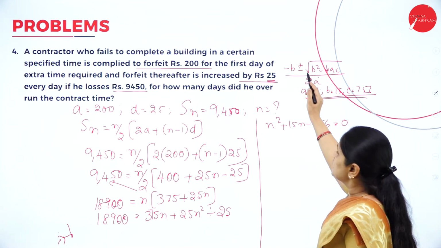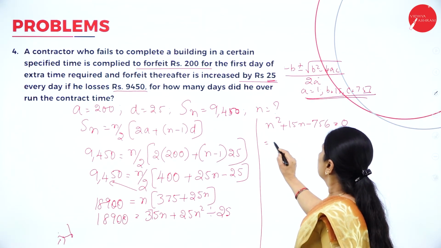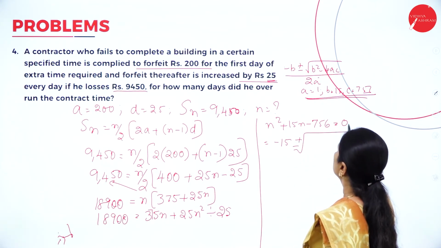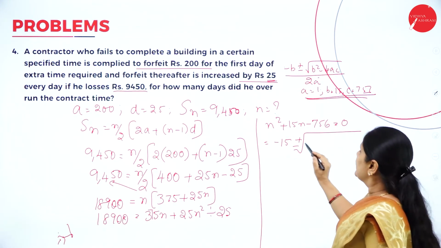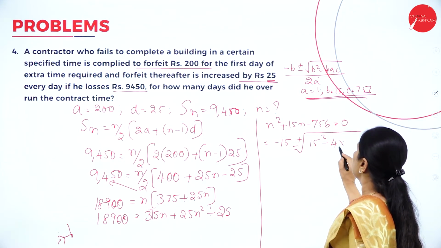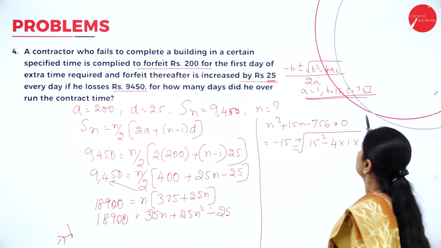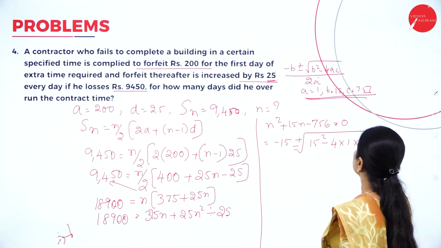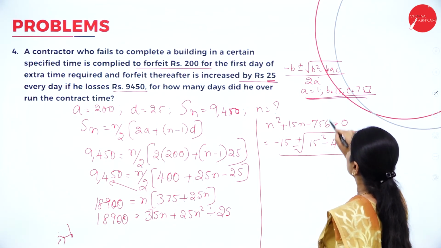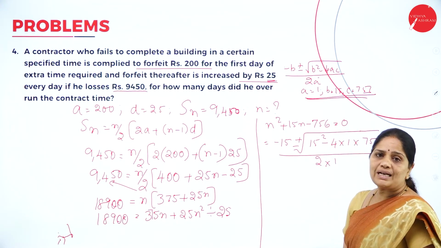Now, I substitute the terms in the equation. So this will be equal to minus 15 plus or minus root of b square. What is b square? 15 square minus 4 into, what is a? 1 into c. What is c? 756, whole over 2a. 2 into 1 is 2.